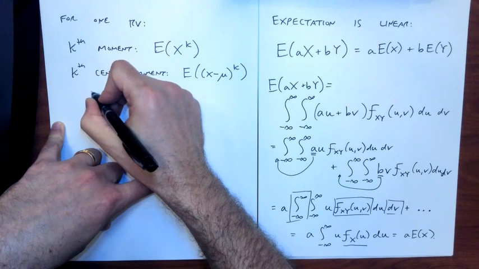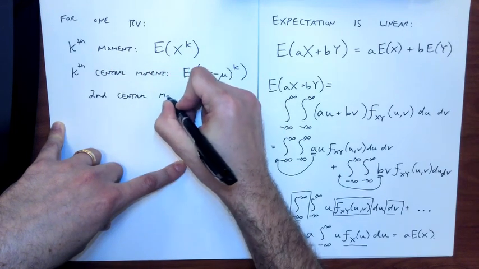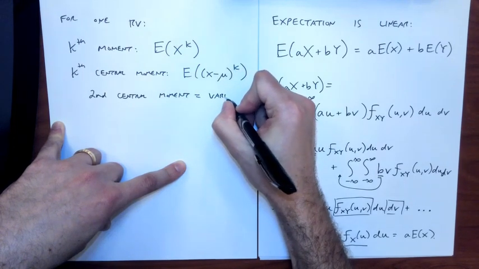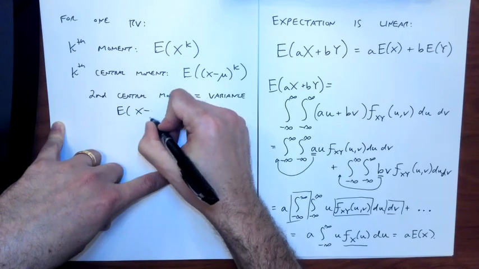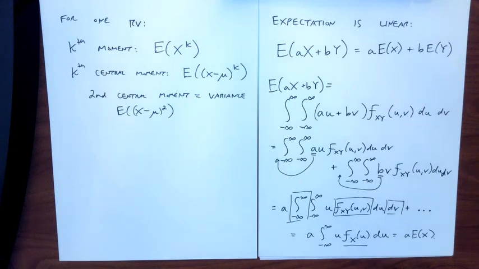So for example, the second central moment is what we gave a name to as the variance, right? That's like the expected value of x minus the mean squared. So those kind of concepts transfer over to two random variables, except now we could raise one of the variables to one power and the other variable to the other power.